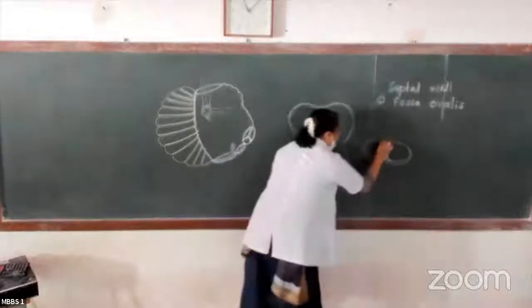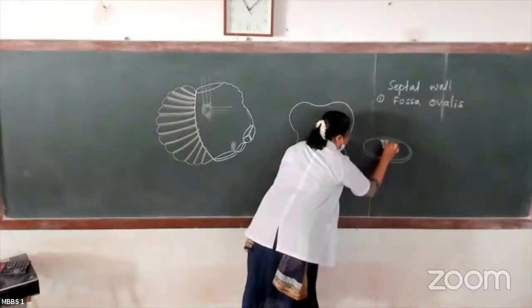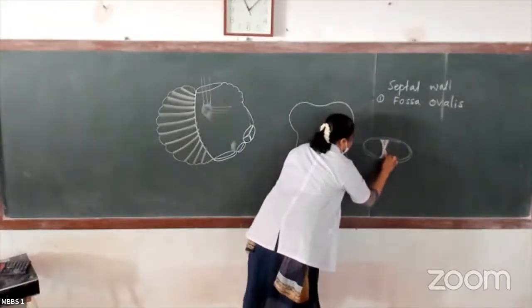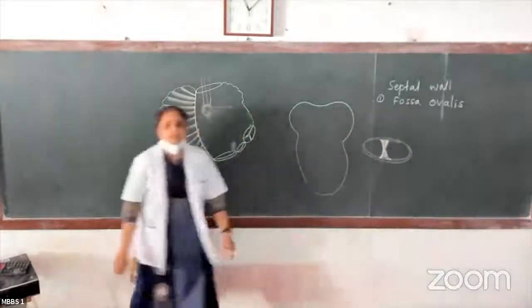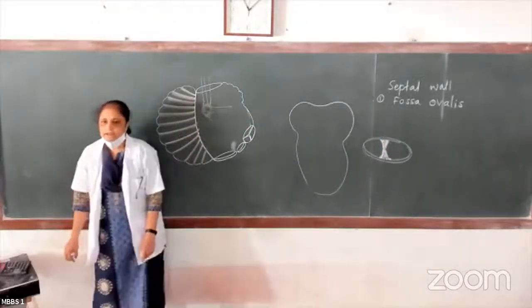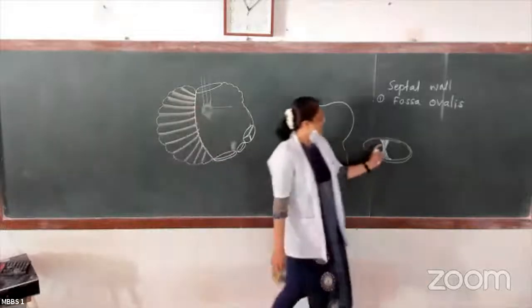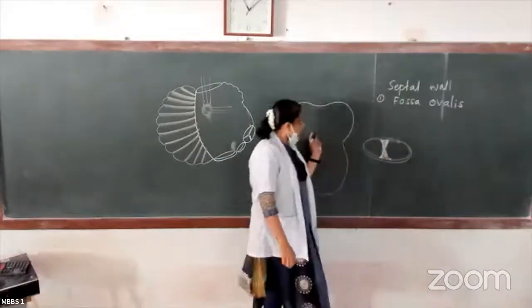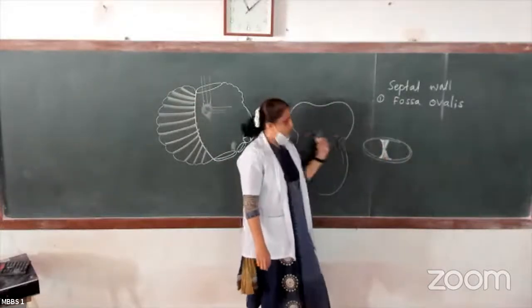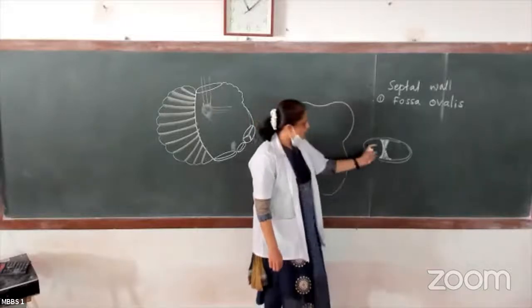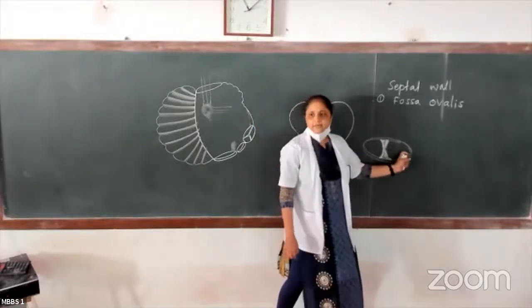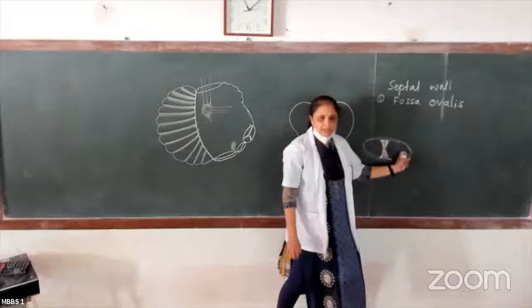Day by day, the two extensions come together and meet each other. Because of this septum, the opening is divided into two halves, one the right half and one the left half.